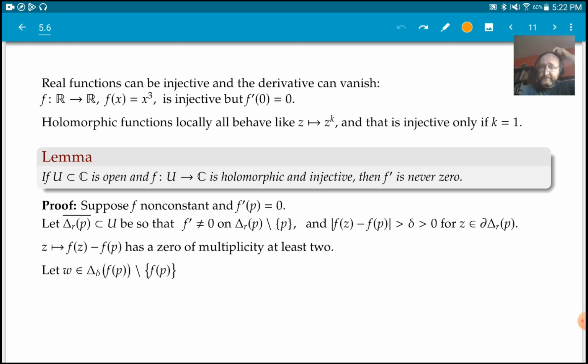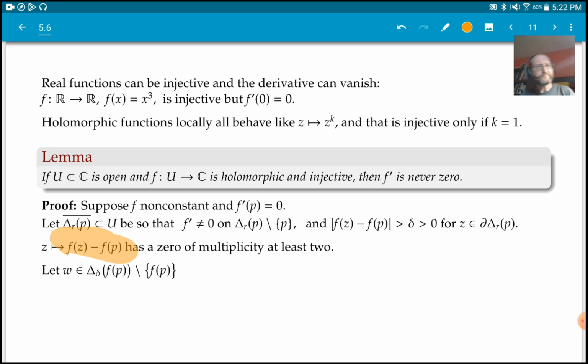So this has a 0 of multiplicity at least 2, but that's really the only one at that point. Then we look at some points nearby, and we have to prove that those don't have multiplicity at least 2, that those are all simple zeros, and that's going to give us two distinct points.